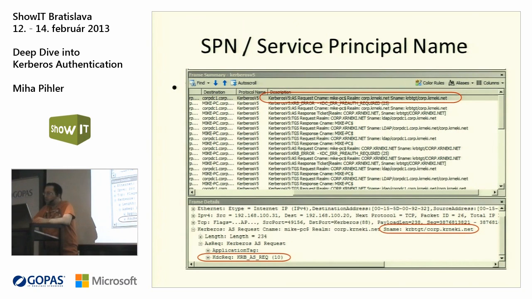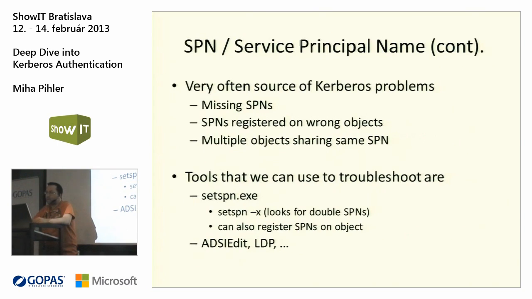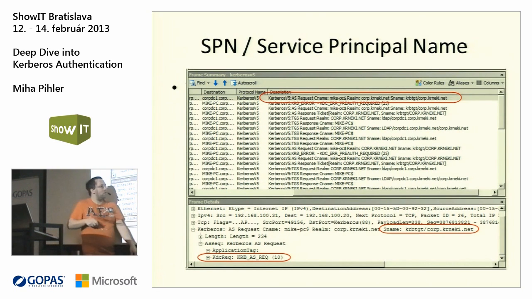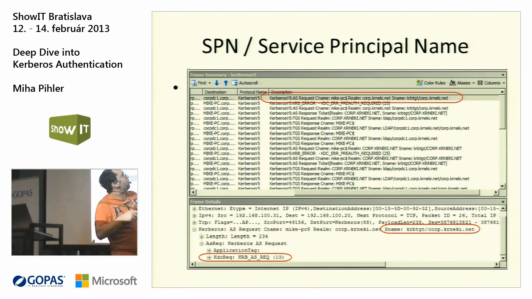Okay, so what about this service principal name that I already mentioned? As far as I'm concerned, I already showed this to you. Here's one SPN, this LDAP, this is another one, and here's another one, and another one, and so on and so on.